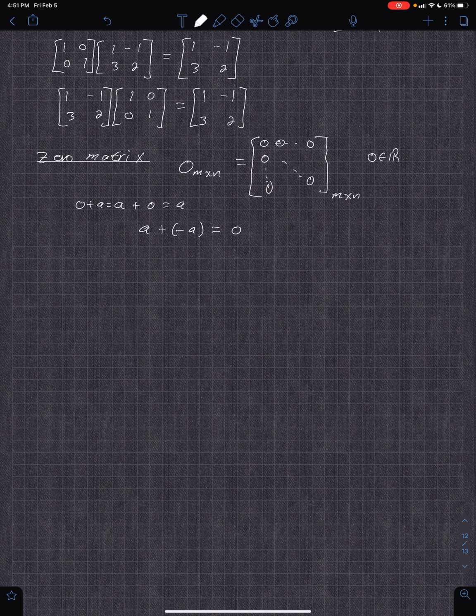So we call it the zero matrix, but it's basically the additive identity for matrices. It's what you get when you add additive inverses, opposites. You get the zero matrix, and that will be true in the properties because all entries are real numbers.